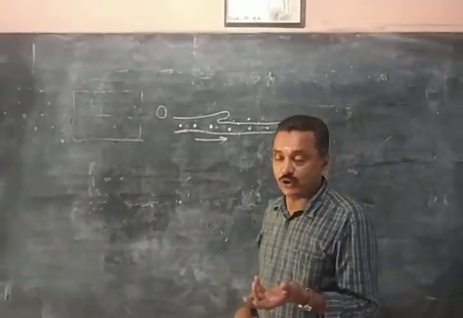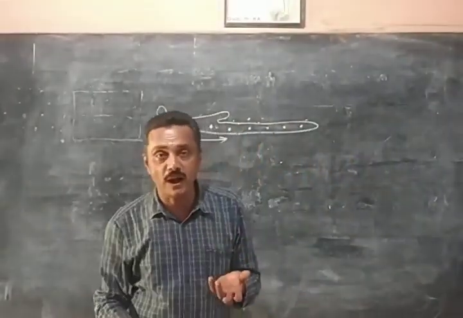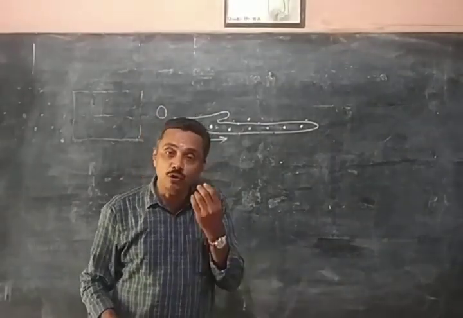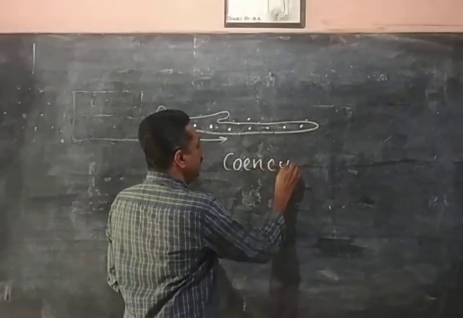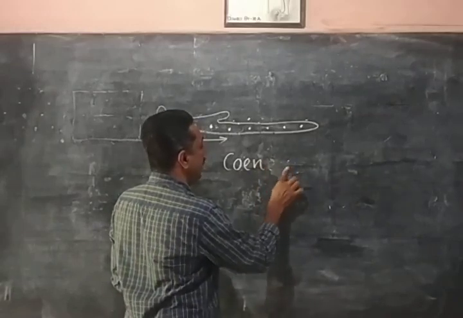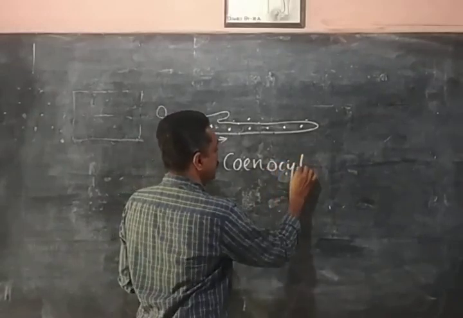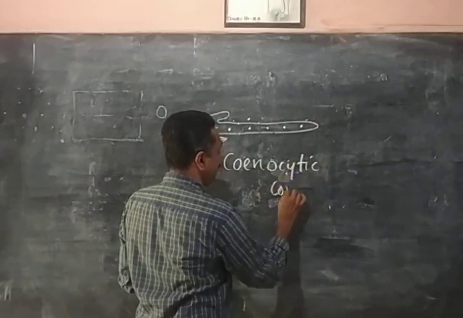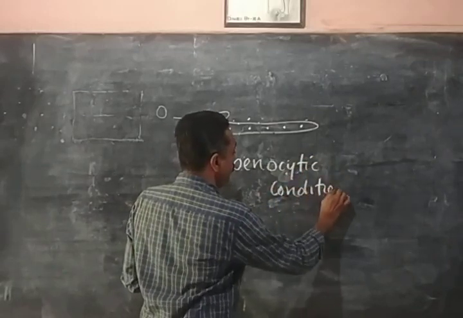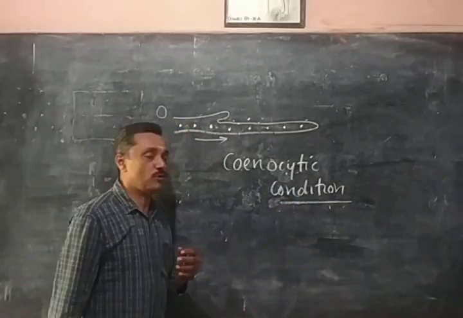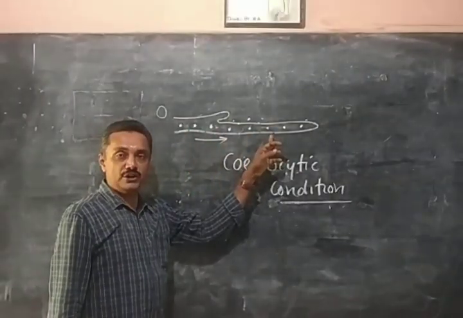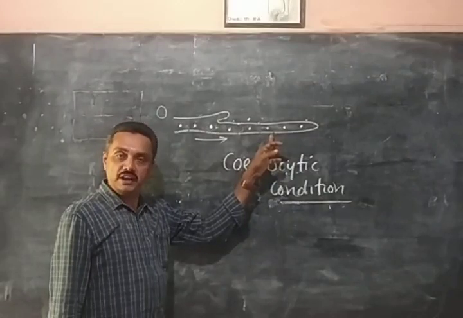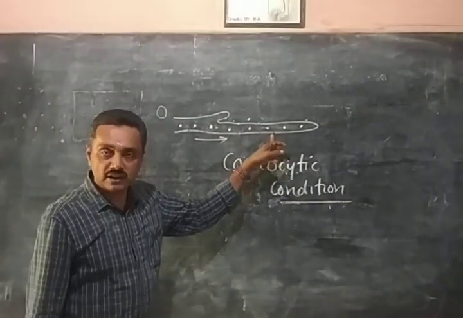In this aseptate hypha, the cytoplasm contains numerous nuclei. That cytoplasm with numerous nuclei is called the cenocytic condition.